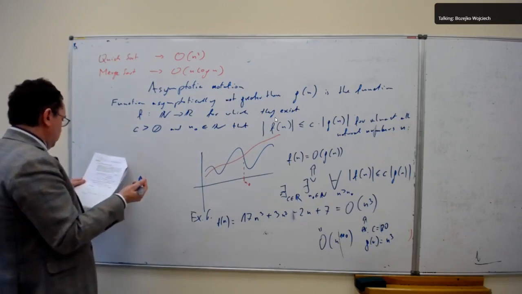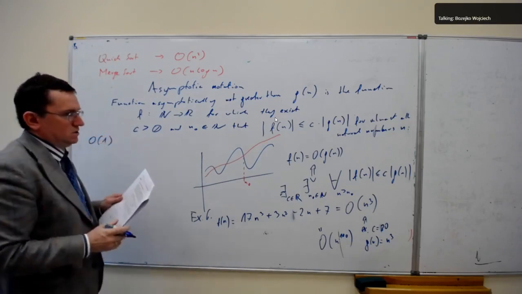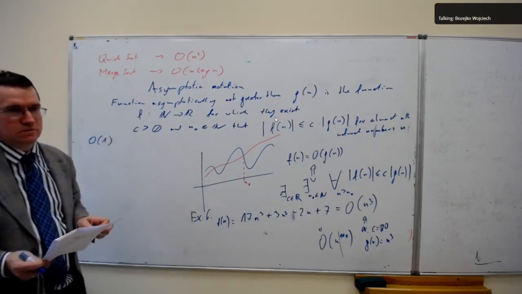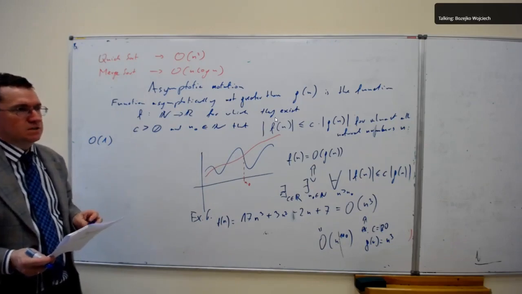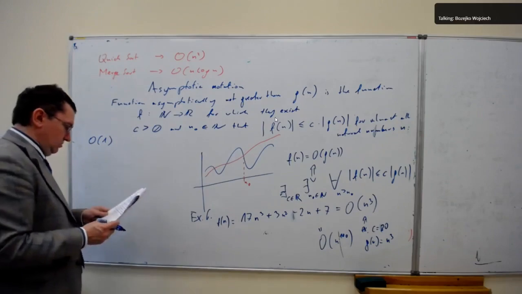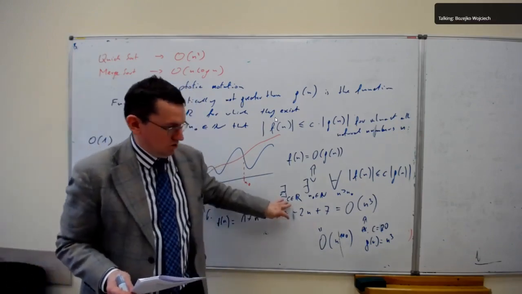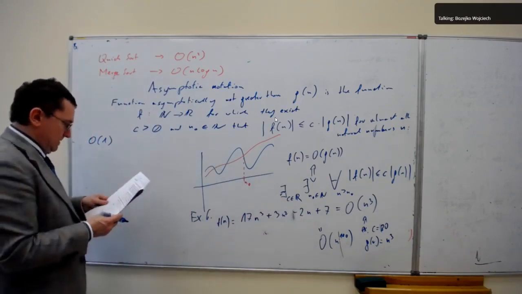So, for instance, if we write big O of 1, this is a constant limitation in the sense that the function is limited by some value. Anyone, because c can be something here.